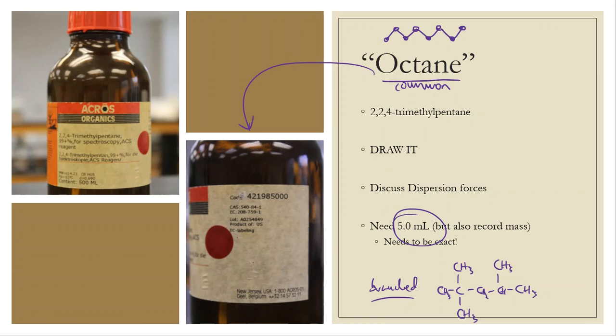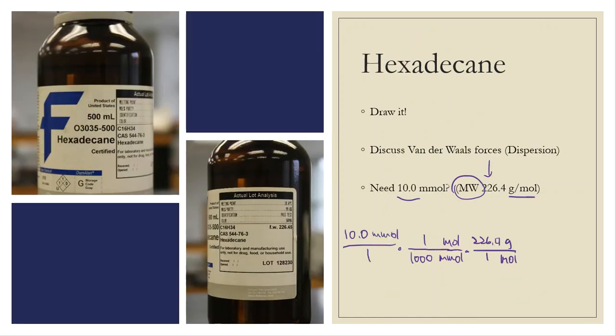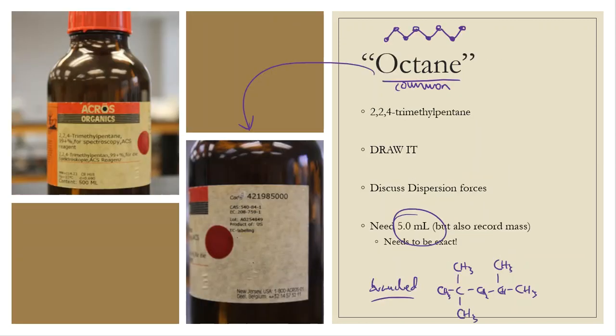All right. So as far as the label information goes, hexadecane is going to be from Fisher Scientific. And as far as the lot number goes, you're going to see that here on the side of the label. It's 128230. So that's the hexadecane that we're going to be using in the lab. 2,2,4-trimethylpentane is going to come from a company called Acros Organics. And that lot number is also on the side of the bottle.